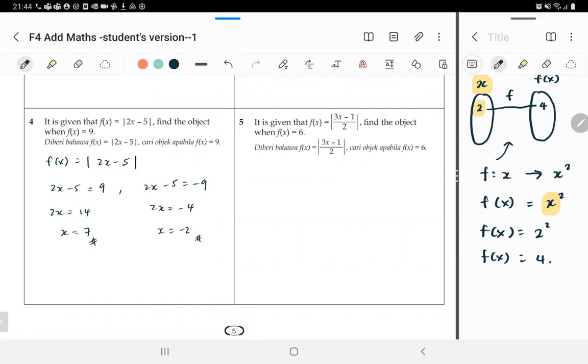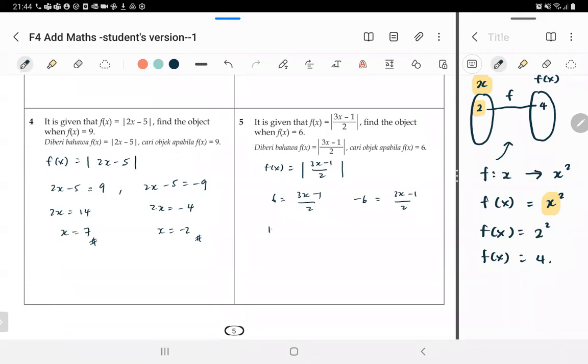Last one. It should be a fraction, the final answer. Correct. So f(x) equals modulus 3x minus 1 over 2, and then 6 equals 3x minus 1 over 2, and negative 6 equals 3x minus 1 over 2.